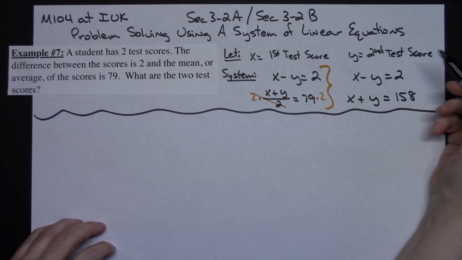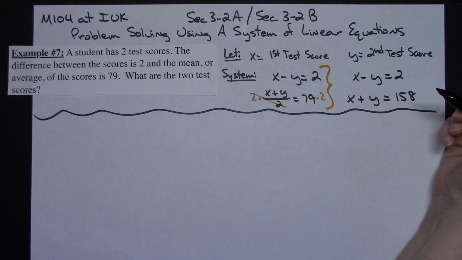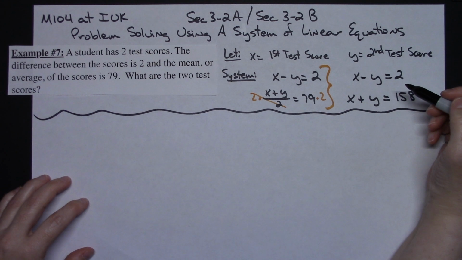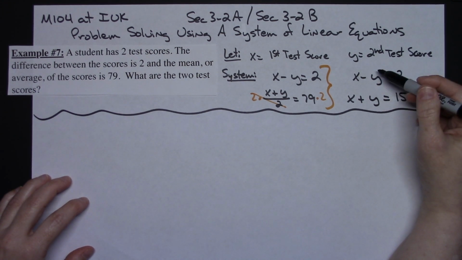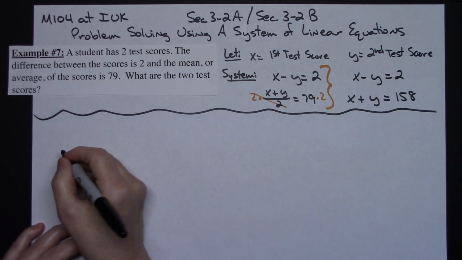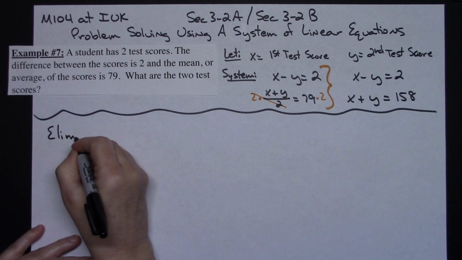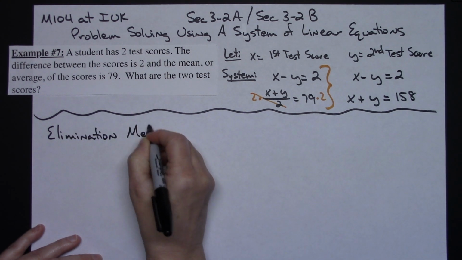Since you've got x plus a positive y and a negative y, elimination would work as well. Normally I do substitution, but let's go ahead and do this one as elimination because of how easy this is going to work. So elimination method.